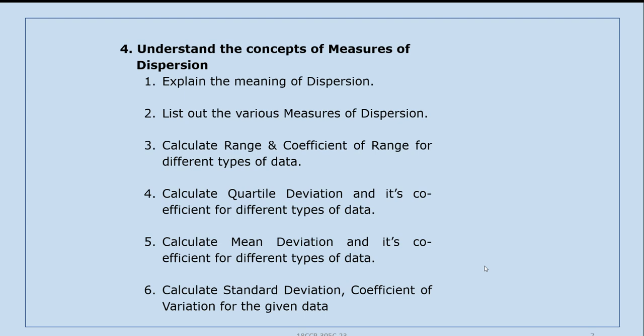A fifth objective is calculation of mean deviation and coefficient of mean deviation for different types of data. And the last objective is calculation of standard deviation and coefficient of variation for the given data.